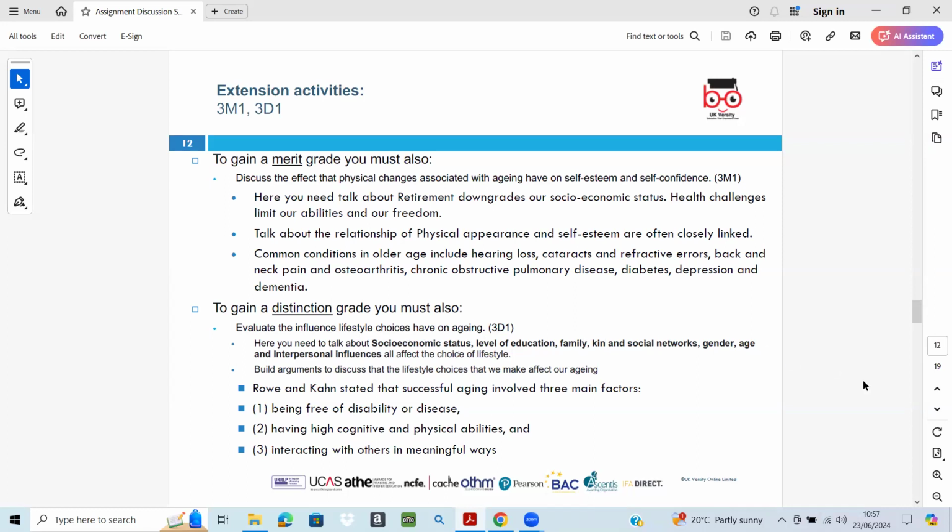So we could discuss the socioeconomic status, education level, family dynamics, social network, gender, age, and social interaction. These all shape lifestyle choices in older adults.